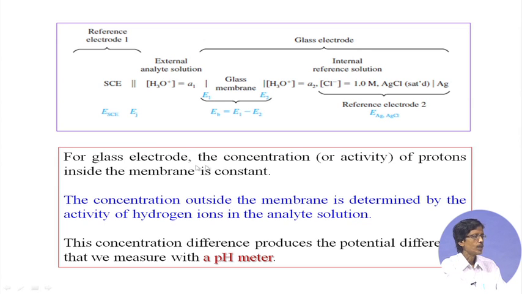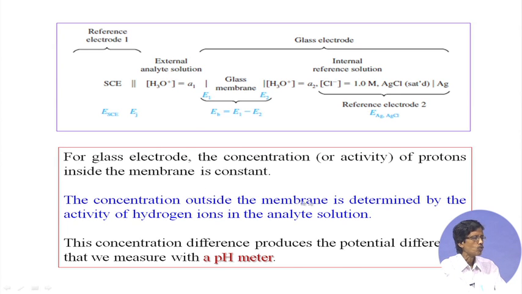When we use the glass electrode, the activity or the concentration inside the membrane is constant. You have this glass membrane, and this A2 value, this chloride concentration, is for your silver chloride electrode, but this A2 is within the glass electrode. So, the A2 concentration is not changing. It is the A1 concentration, the external analyte solution that we have taken in the beaker, that will be monitored.